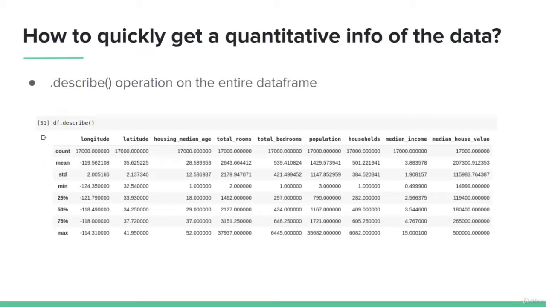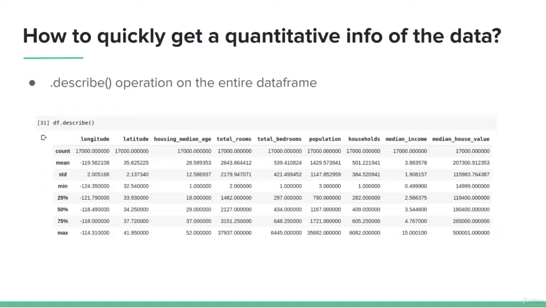So let's see how to quickly get quantitative info about the dataset. For that, Pandas gives us a quite comprehensive function called the describe function. This describe operation provides information about count, mean, standard deviation, upper quartile, lower quartile, median, maximum and minimum values of all the columns in a data frame.